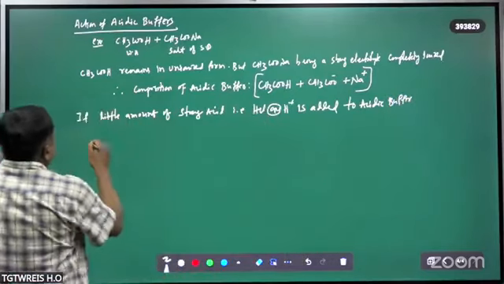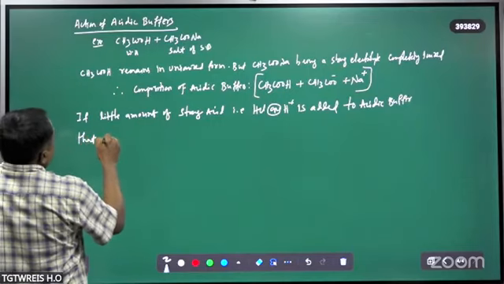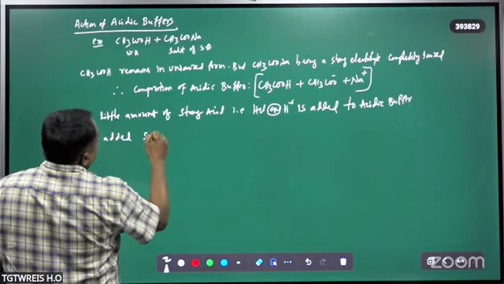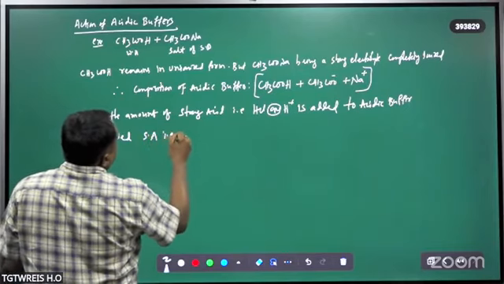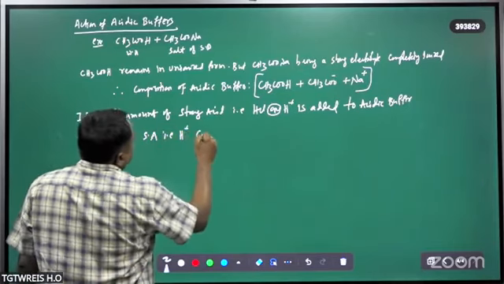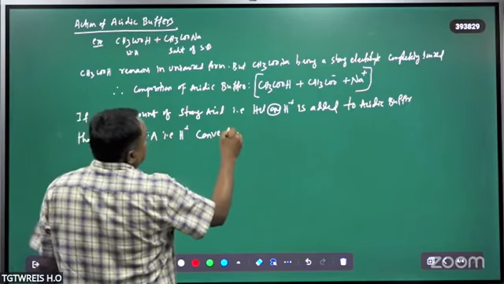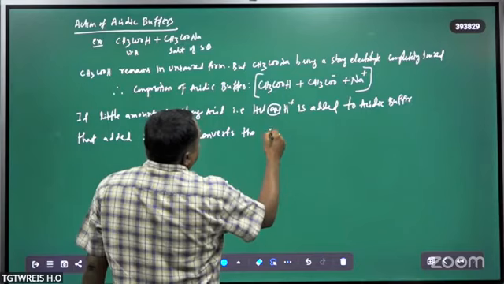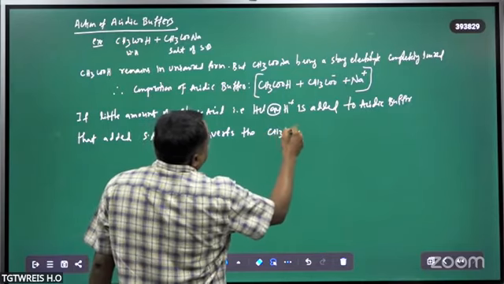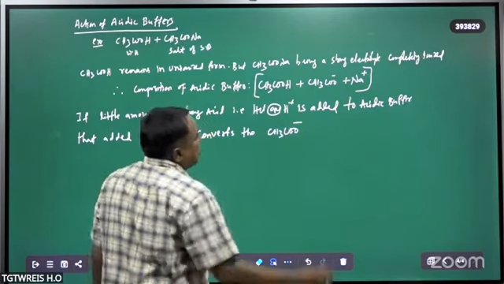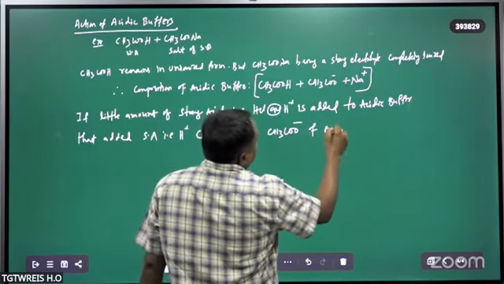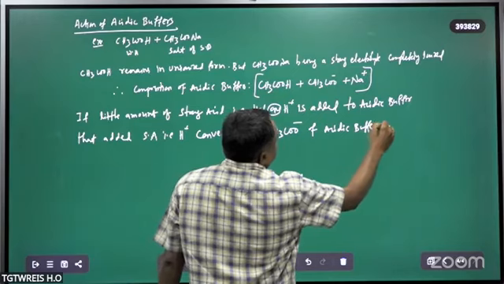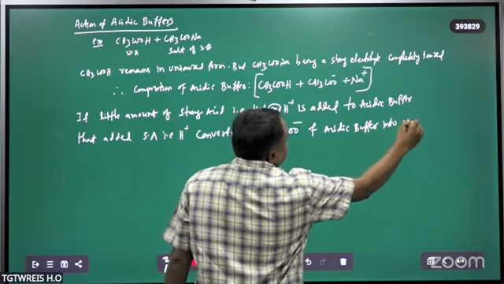That added H plus, that added strong acid, converts the CH3COO minus of the acidic buffer into weak acid.